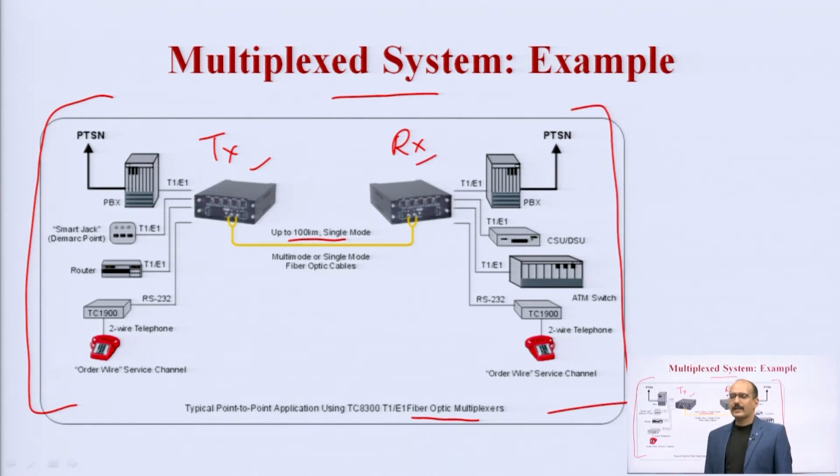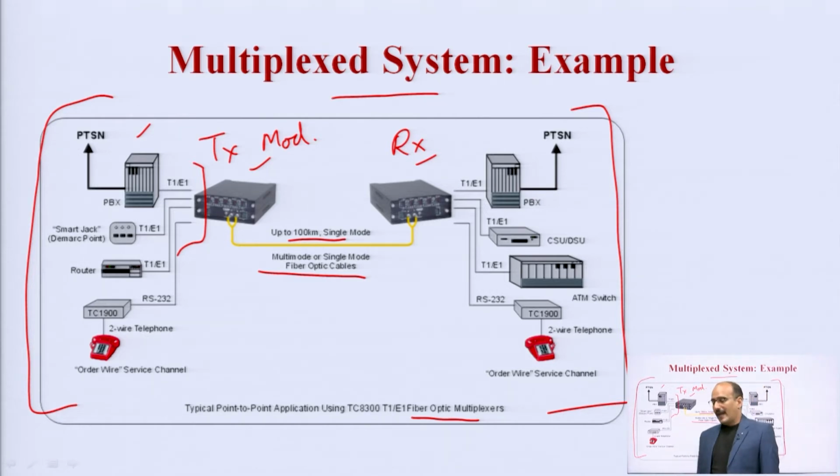What is going to happen actually here? You can see easily that we are getting some signals, we are combining them, performing the modulation, and all these signals are going to use a single channel.